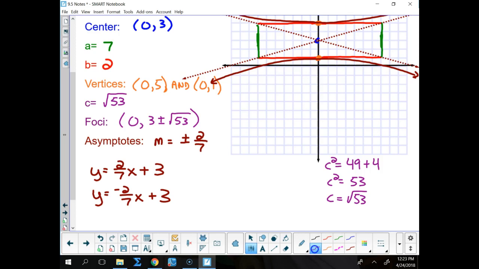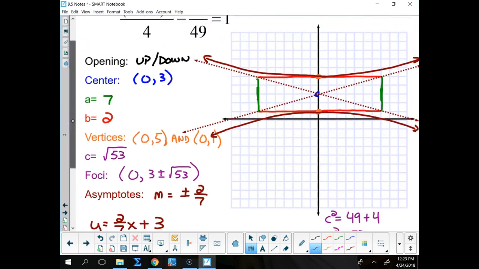Square root of 53 is a little bit more than 7, right? 1, 2, 3, 4, 5, 6, 7.